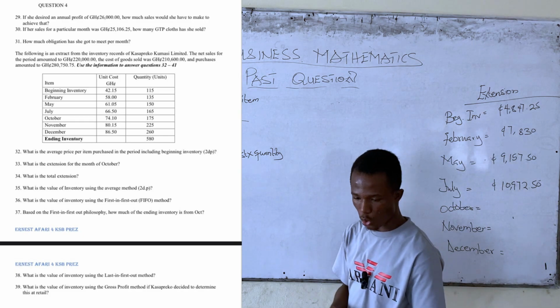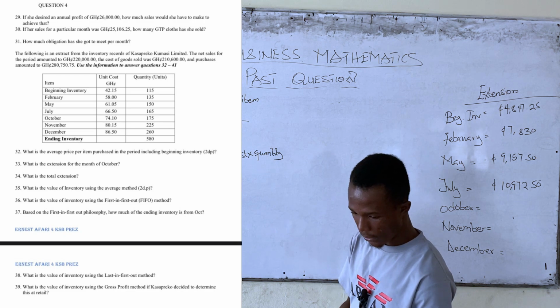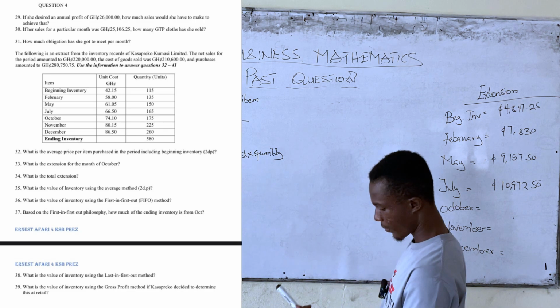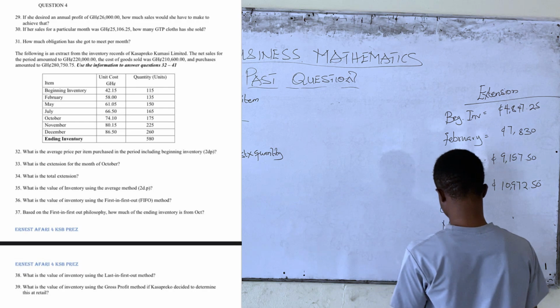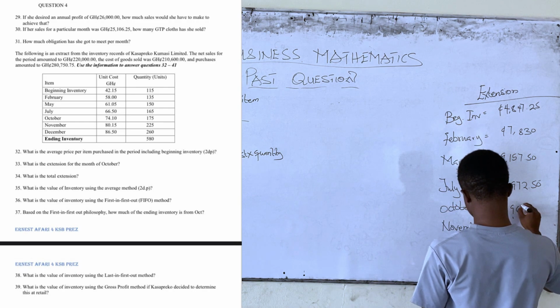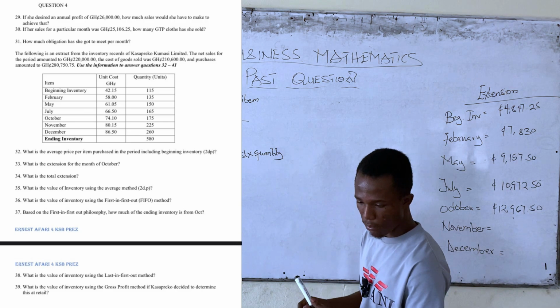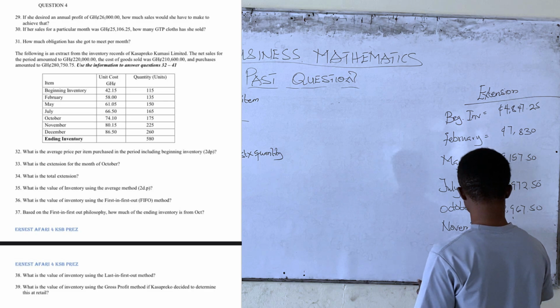Then October, 74.10 times 175, and the extension for October is 12,967.50.